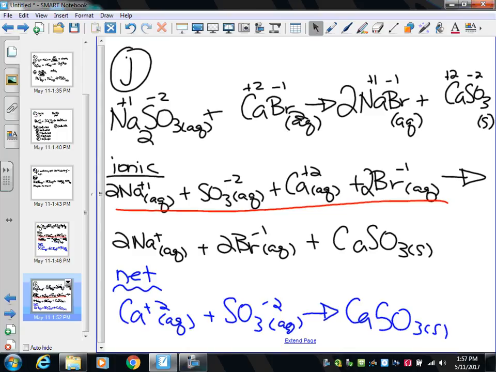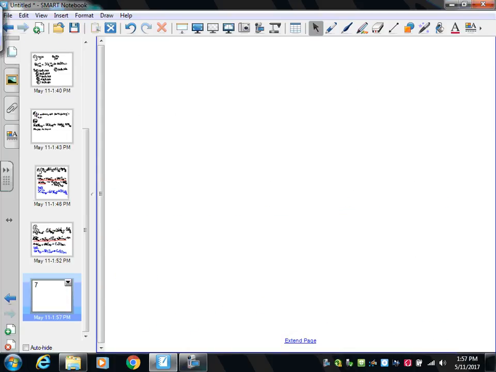Alright, so we're going to look at 7 then. Alright, so we're on 7. It says, devise a procedure that will enable you to separate each ion from the other in the mixtures of the following pairs of ions. So we have chloride and phosphate.